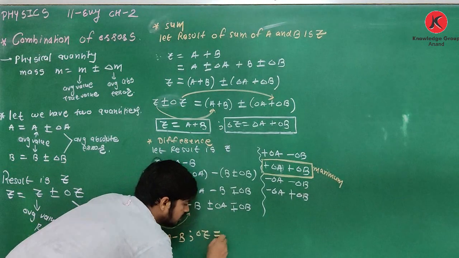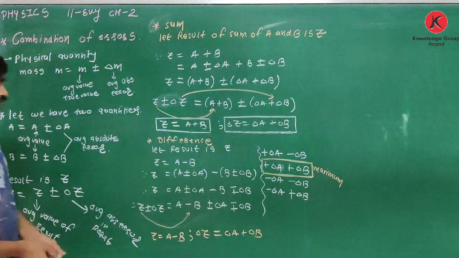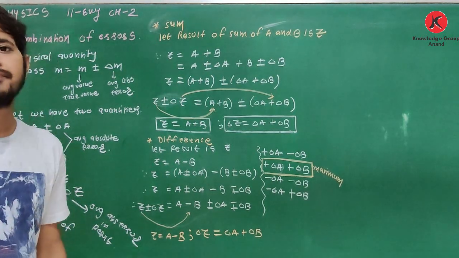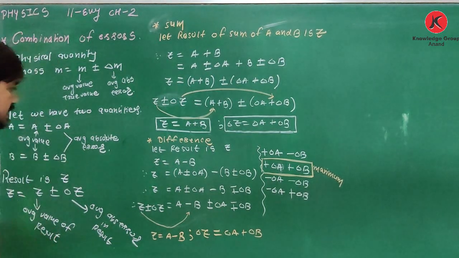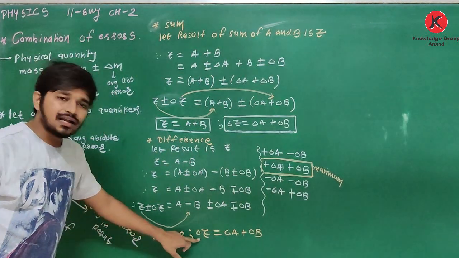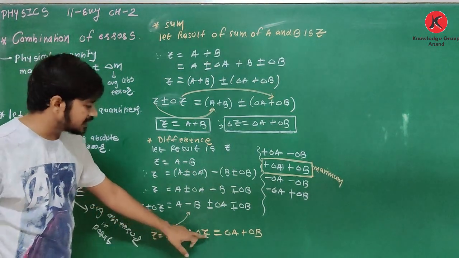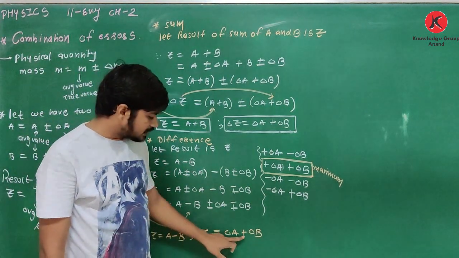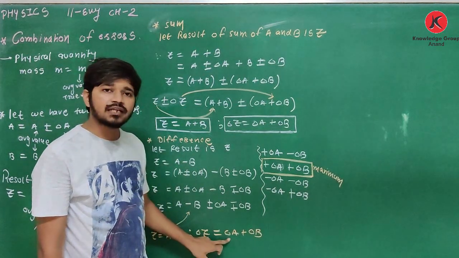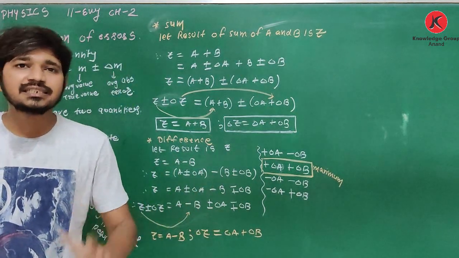Delta z is equal to delta A plus delta B. Clear about this? So yes, in case of difference also, the average absolute error in the result is equal to the sum of the average absolute error in the first quantity and the average absolute error in the second quantity.